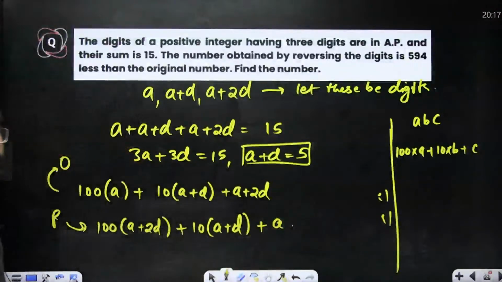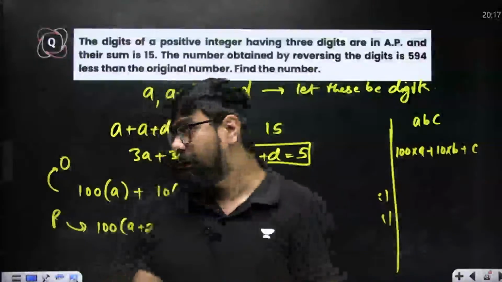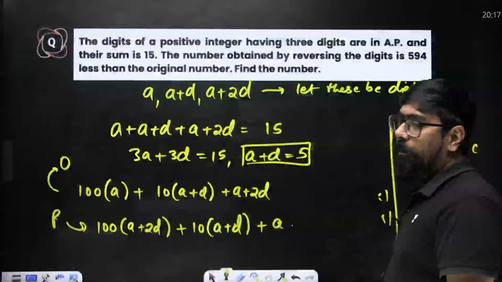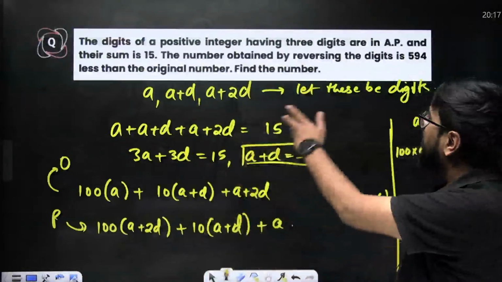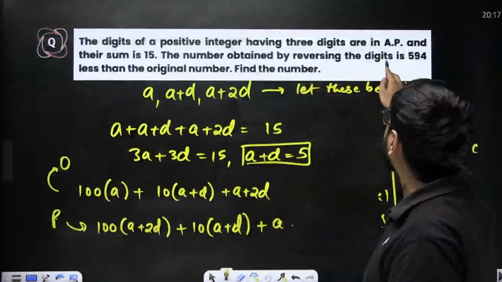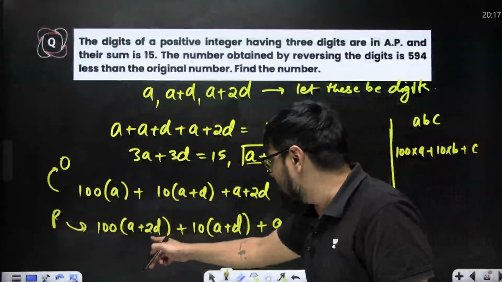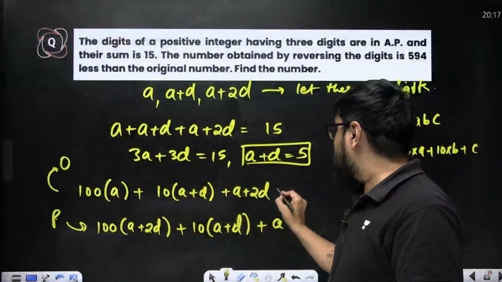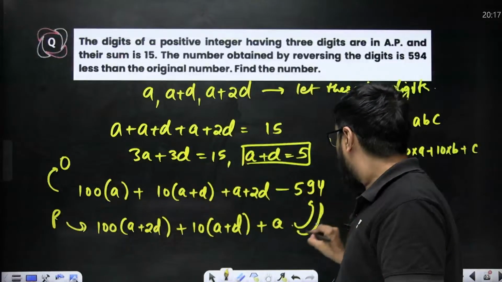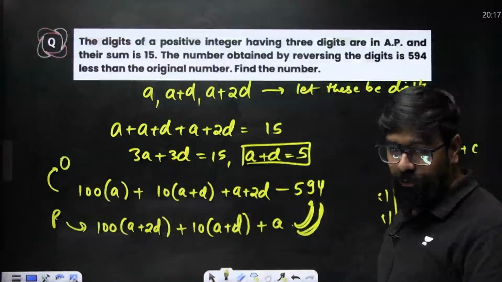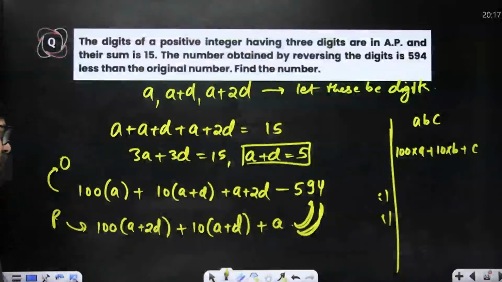This will be my reversed number in the reverse order. But this got too complicated. Two equations I'm eventually going to get: a plus d is equal to 5, and the other information is that the number obtained by reversing the digits is 594 less than the original number, so the reverse number is the original minus 594. But how much complication will we have to solve?